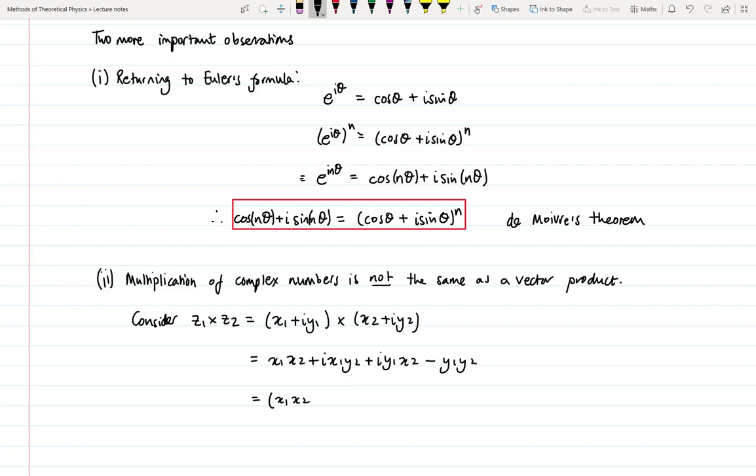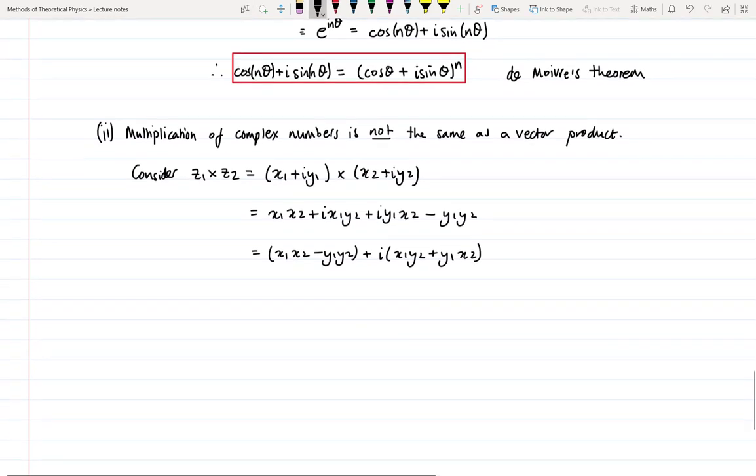So putting this as the real part first, and the imaginary part second, we get this quantity. It's a lot easier to see what's going on in the polar representation.